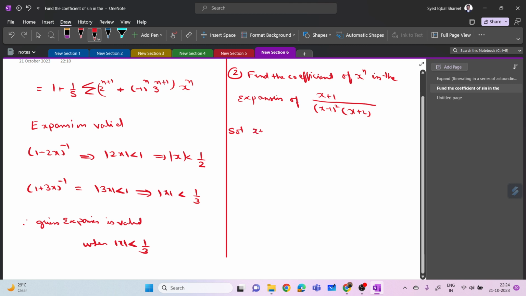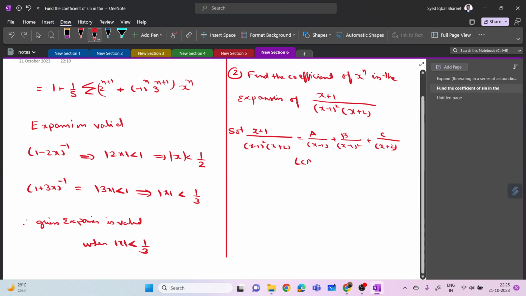So x plus 1 over x minus 1 whole square into x plus 2 is a by x minus 1, b by x minus 1 whole square, c by x plus 2.